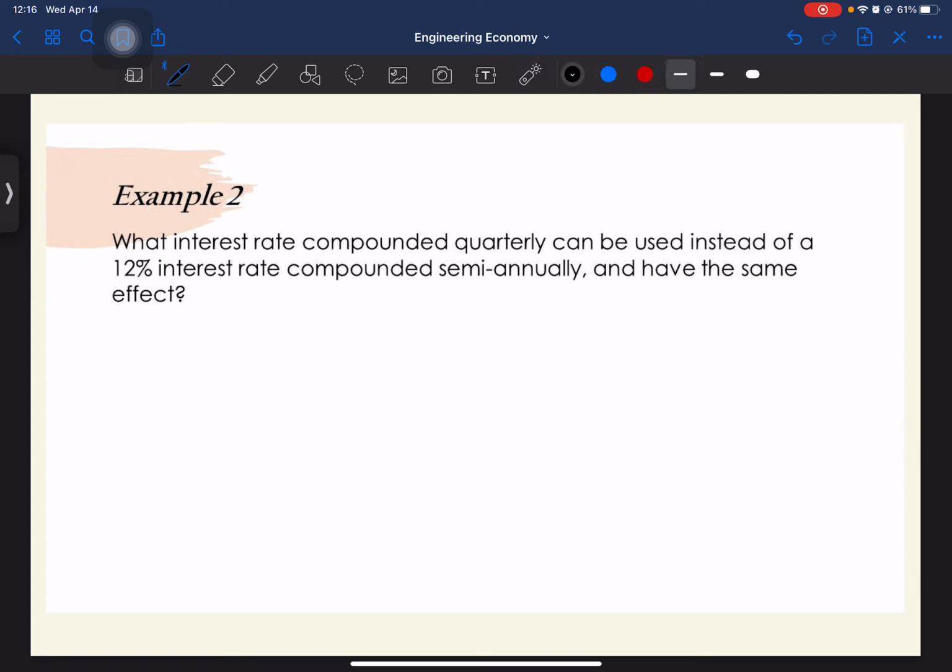Okay? So, ibig sabihin, X% compounded quarterly ay equal lang effect kay 12% compounded semi-annually.